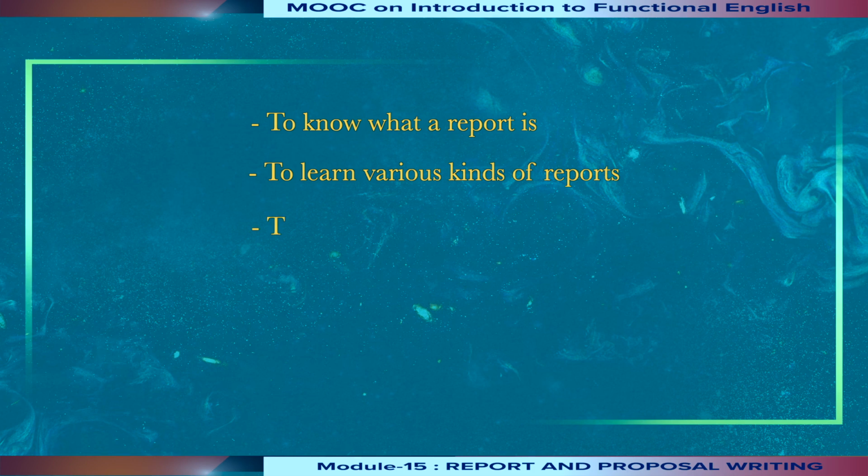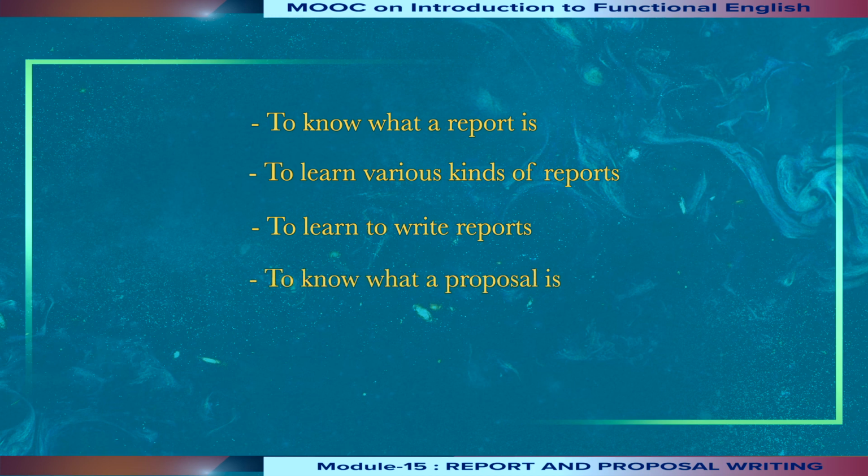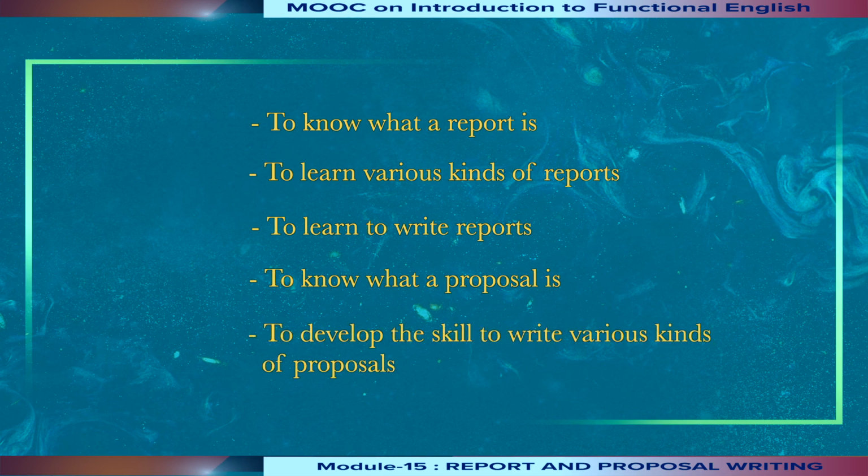Third, to learn to write reports, very persuasive, effective and impressive reports. Fourth, to know and understand what a proposal is and how important a proposal is in a business environment. And finally, to develop the skill to write various kinds of proposals.